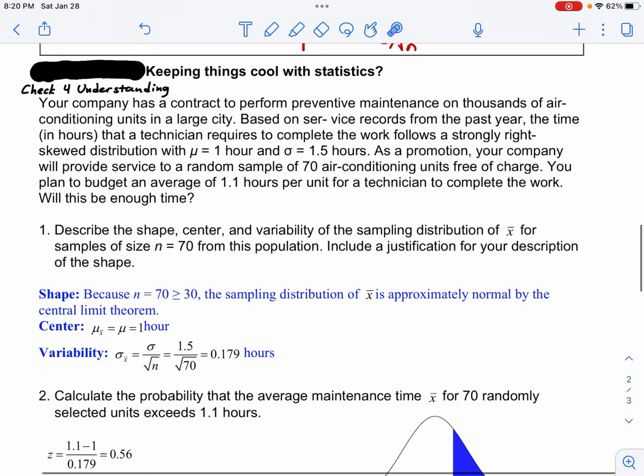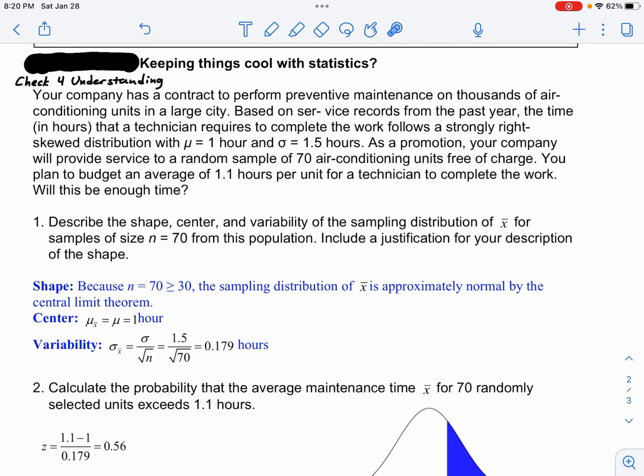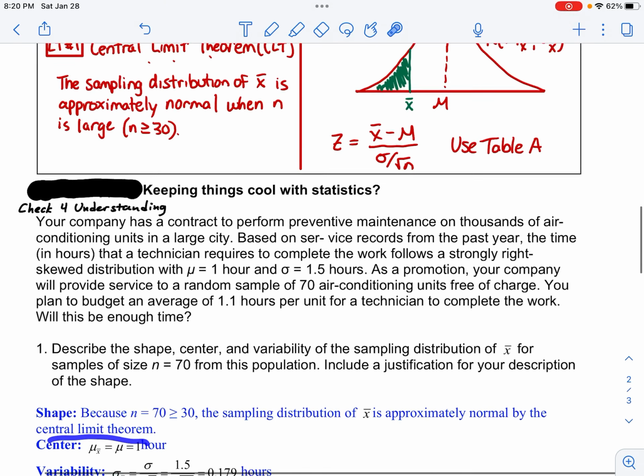All right, so before we answer that, let's do number 1. What is the shape, the center, and the variability of the sampling distribution of x bar for the sample size of 70 from the population? So the shape is approximately normal because of the central limit theorem, which is right up here.